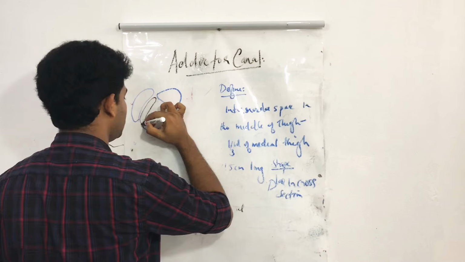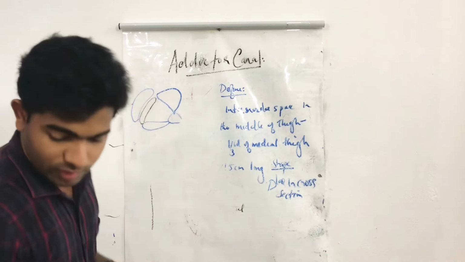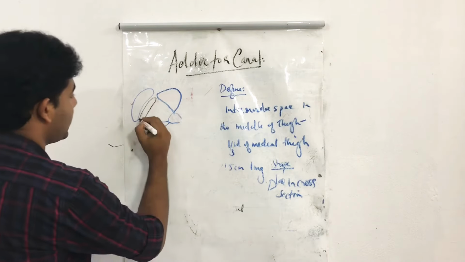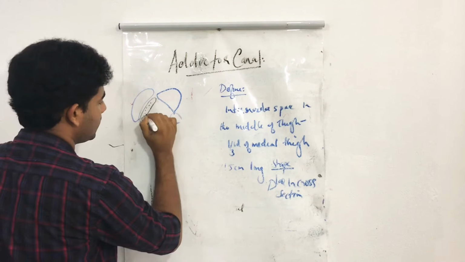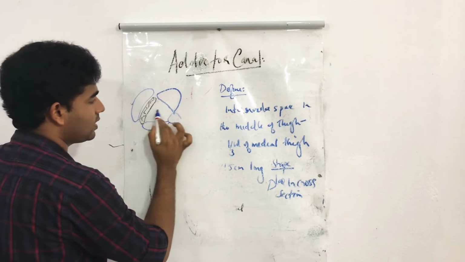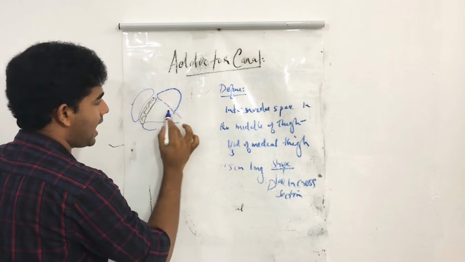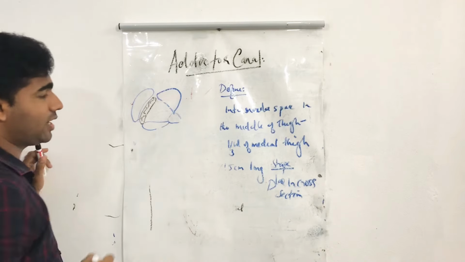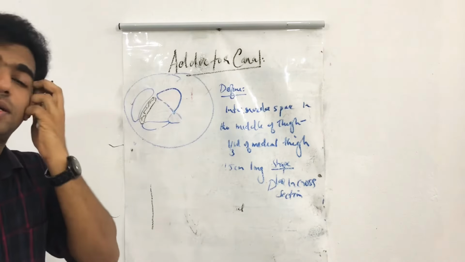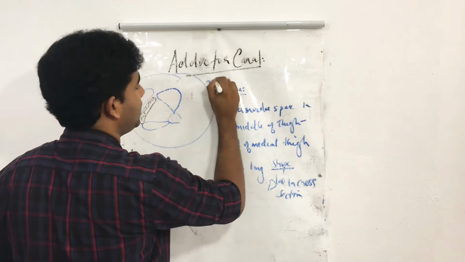And this region is known as the adductor canal. It is triangular in cross section. This is the cross sectional view of that part, okay? Let it be the anterior.